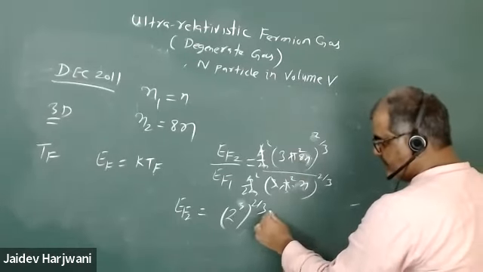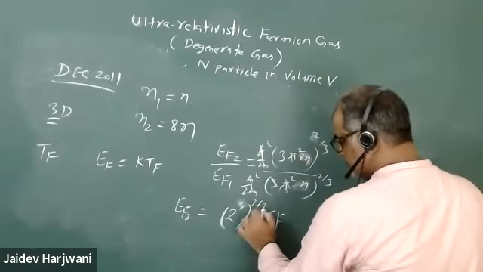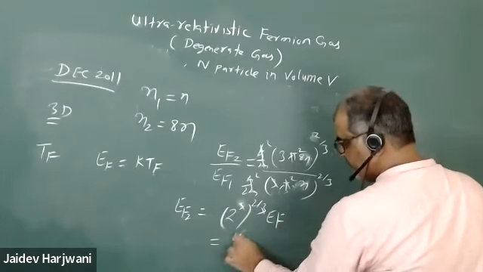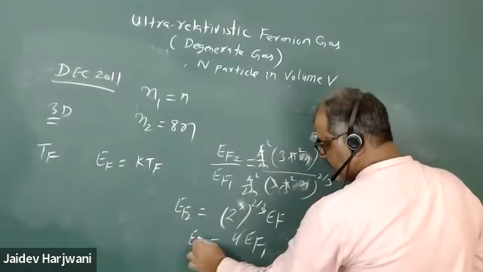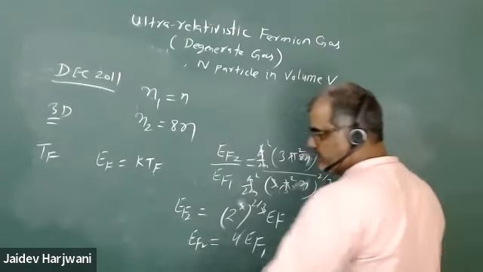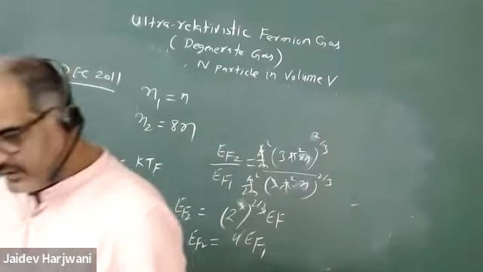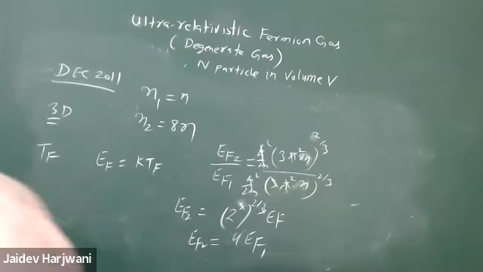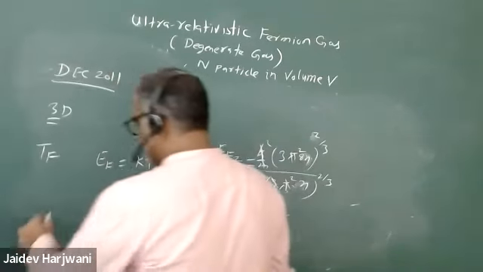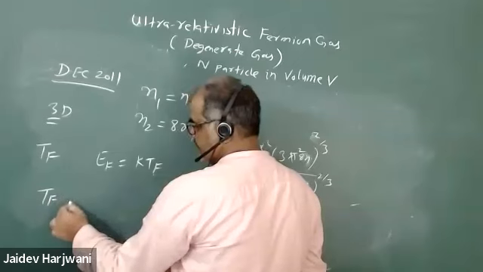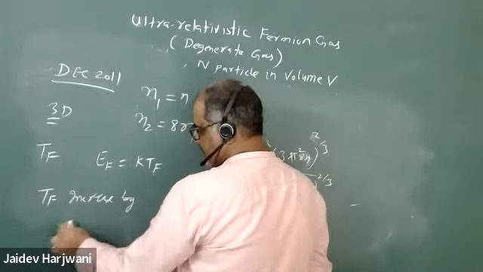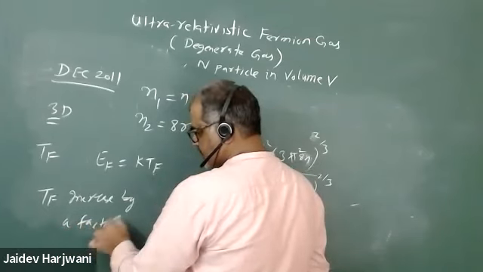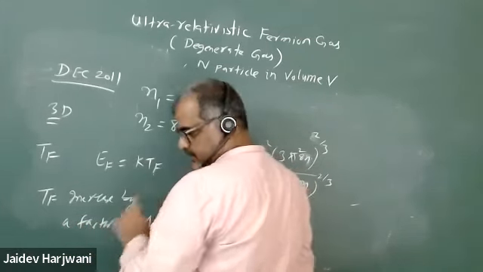So this will come out with EF1, and it becomes 4 times. So my new Fermi energy will be 4 times. That means my temperature should increase by 4 times, by a factor of 4.